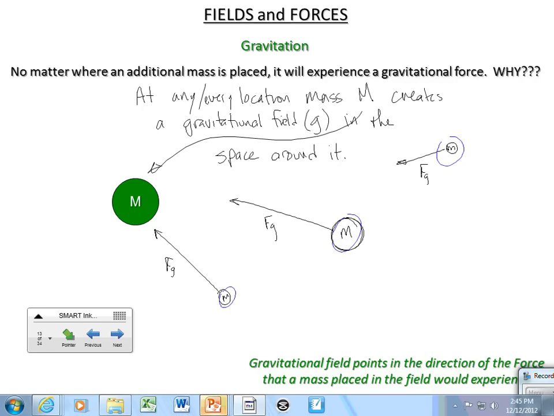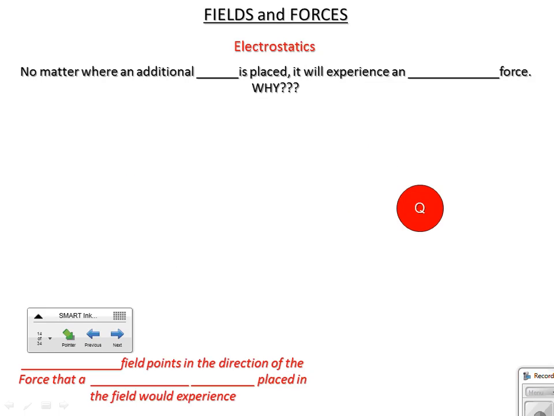Now the analogy to electrostatics is that instead of placing a mass somewhere in space, we place a charge, I'll call it capital Q here. We'll talk about why that's a capital Q soon. No matter where I place another charge, an additional Q, this one could feel a force.